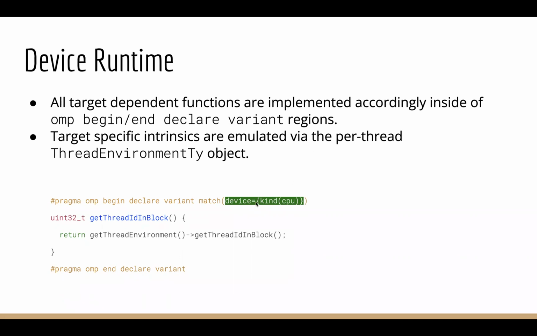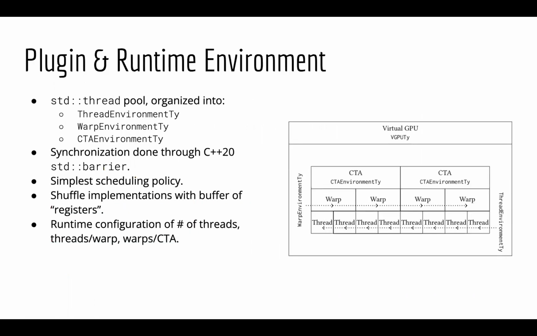As you can see here, we implement this function to say, okay, if the device is the CPU, then this function is generated. For CUDA or AMD GPU, we have some target-specific intrinsics, but for our host execution, they are emulated via a per-thread environment object, which is provided in the plugin, which I'm going to talk about now.